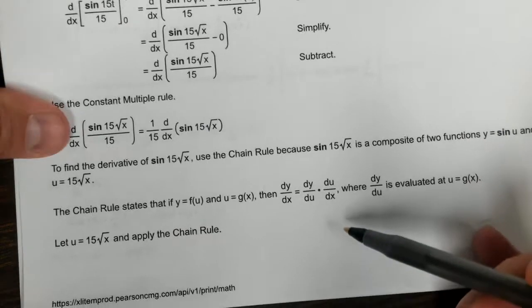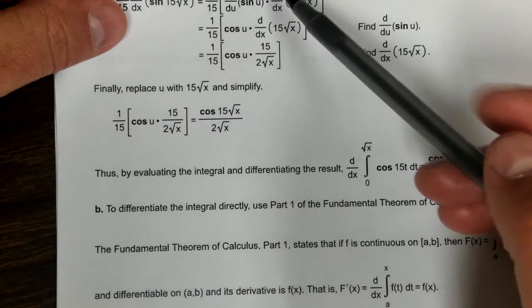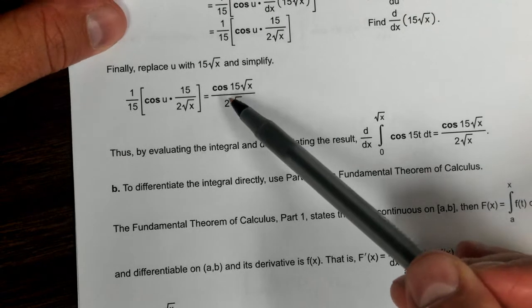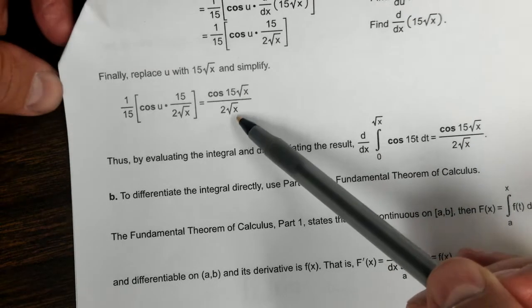And then when we do the chain rule on it, you end up getting cosine 15 square root of x over 2 square root of x.